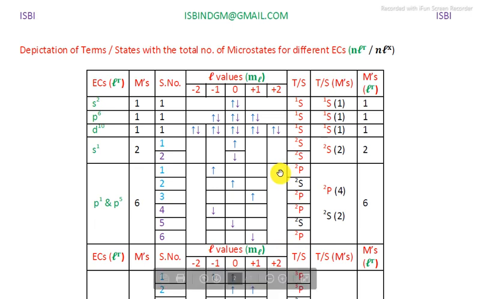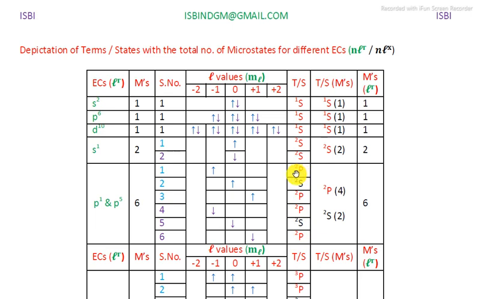Let us find the term for these 6 microstates. If the electron is present in the first orbital or last orbital, the capital L value is 1, that is P. P for this one, P for this one, P for this one, P for this one.